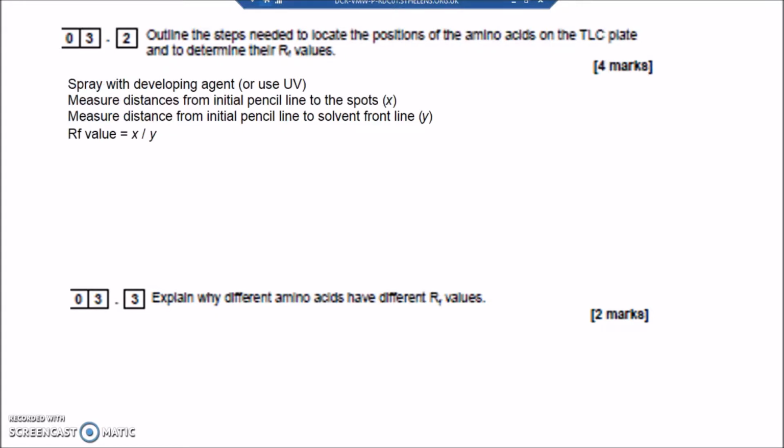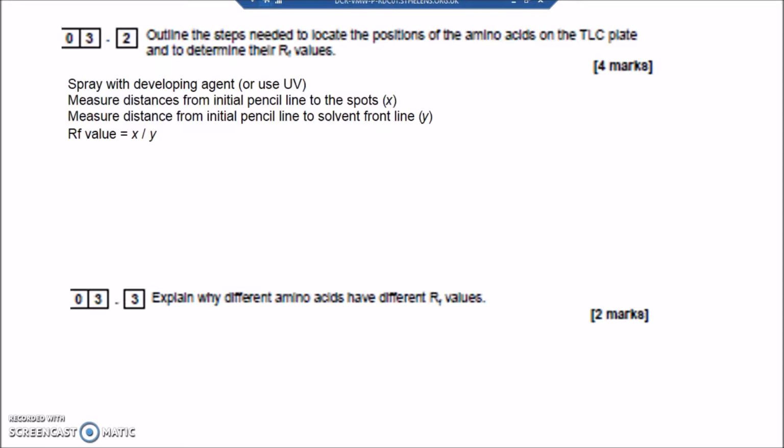So you measure the distances from the initial pencil line, that's where you place the mixture, up to the spots. You measure the distance from the initial pencil line up to the top of the solvent front, that's the height that the solvent's risen to, and you divide one by the other. So you divide the distance that the spots travelled by the distance that the solvent's travelled, and that will give you an RF value.